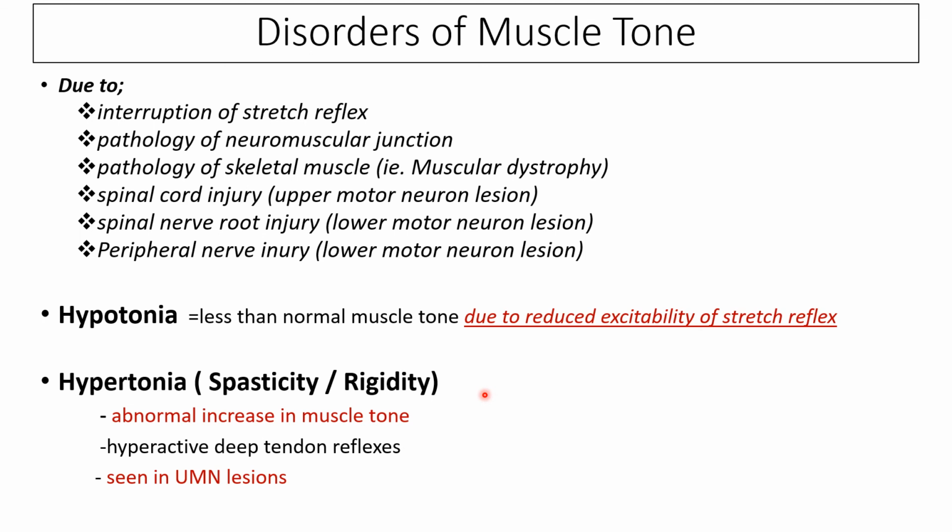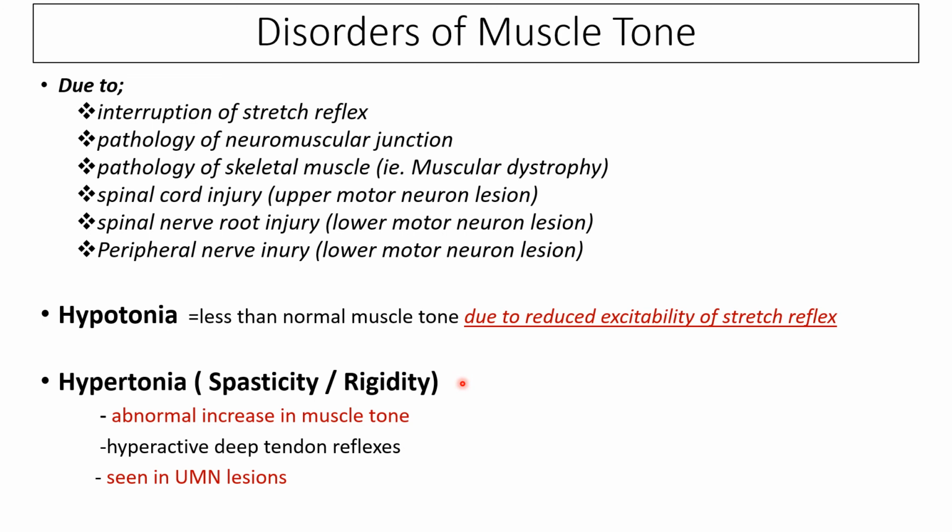Hypertonia, on the other hand, refers to an abnormal increase in muscle tone, and this is associated also with hyperactive deep tendon reflexes, DTRs. This is what you see in upper motor neuron lesions, and this includes spasticity and rigidity. We'll see examples of hypertonia a little more on the next slide.